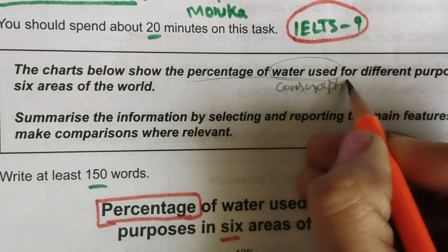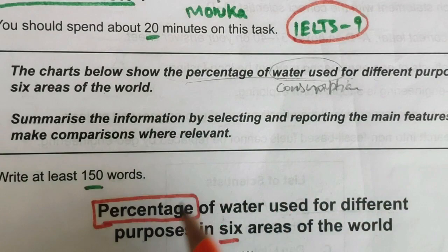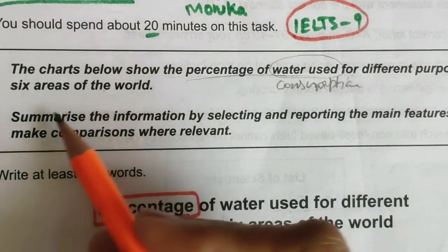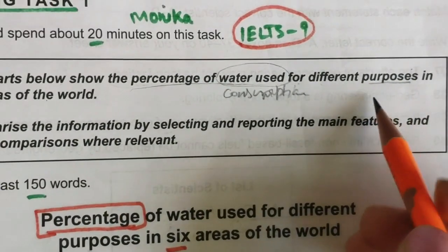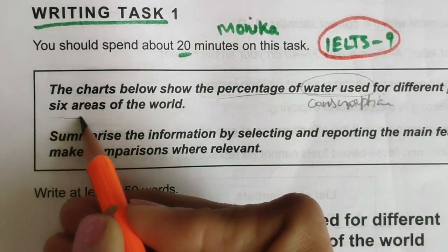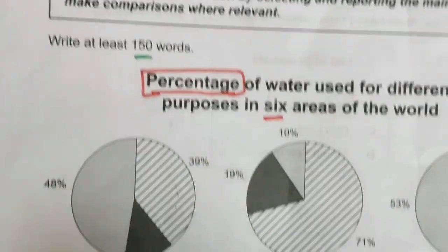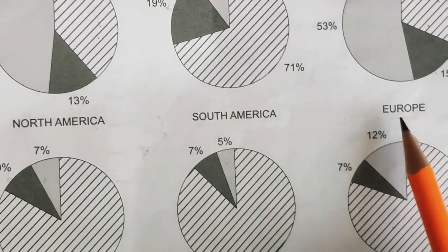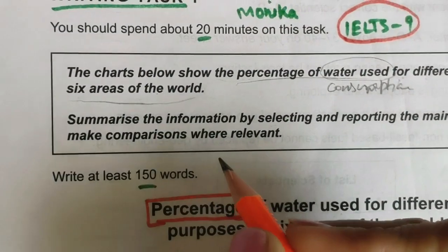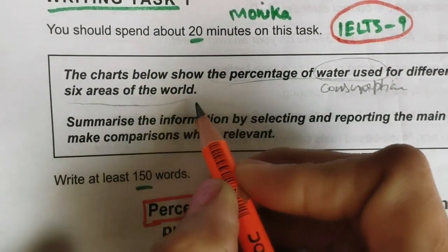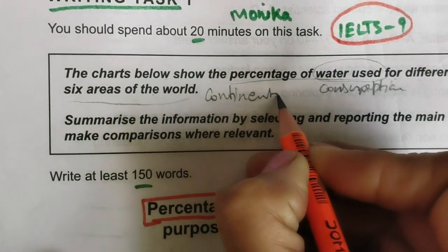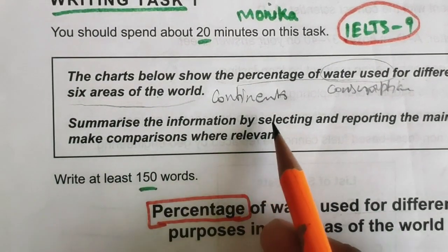We have to paraphrase the things when we rewrite the question statement. For different purposes, we will write different uses. In 6 areas of the world. They have given North America, South America, Europe, Africa, Central Asia. If you don't know, these are the continents. So I will write 6 continents of the world.